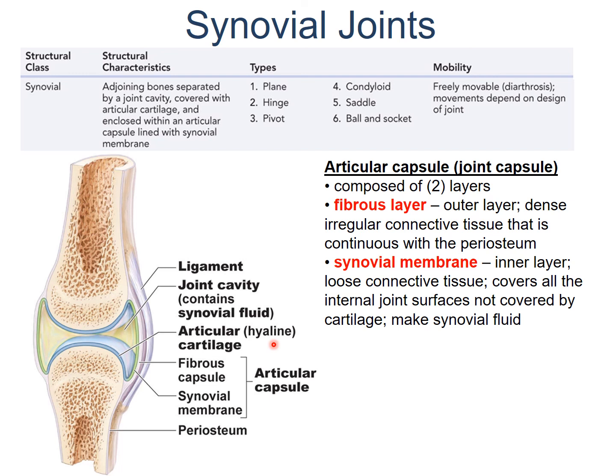And so that is what makes up the synovial joint. You've got an articular capsule with its fibrous capsule and synovial membrane. We've got the articular cartilage that lies on top of the bones. And then we've got our synovial fluid made by the synovial membrane that exists in a space called the joint cavity. Okay? And that's really all there is to it.